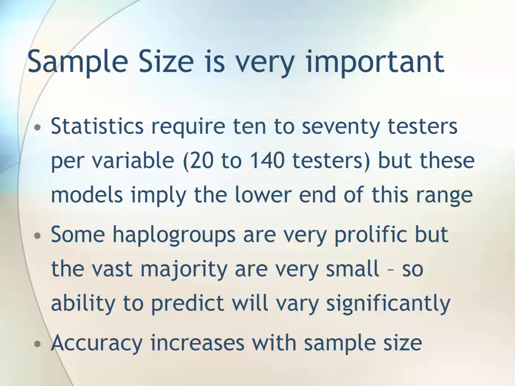So haplogroups being prolific are on the leading edge of this, I guess, discovery. And so the ability to predict will vary significantly depending on which part of the haplotree and how prolific, i.e. how big your sample size would be. And always remember, accuracy always increases with an increased sample size. So it is important to have as much data as possible.